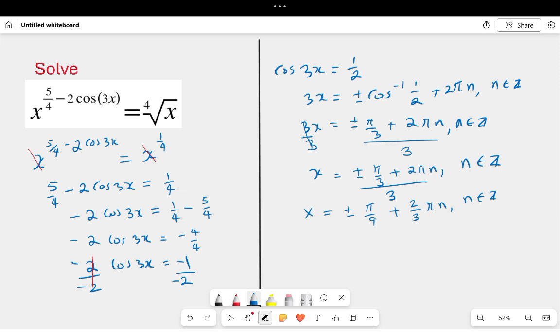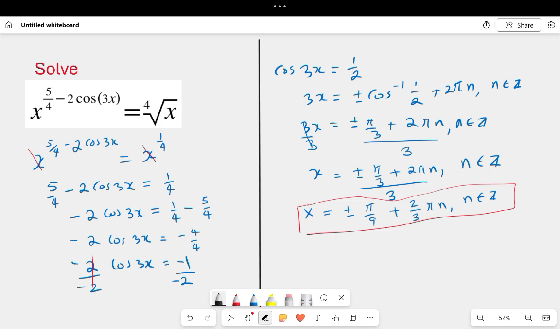And when we talk about the integers, n can be any number, can be 0, 1, 2, 3, or even the negative numbers. And if we want to write our solution in degrees rather than in radians, in this case, we are going to make a substitution from what we got up there.